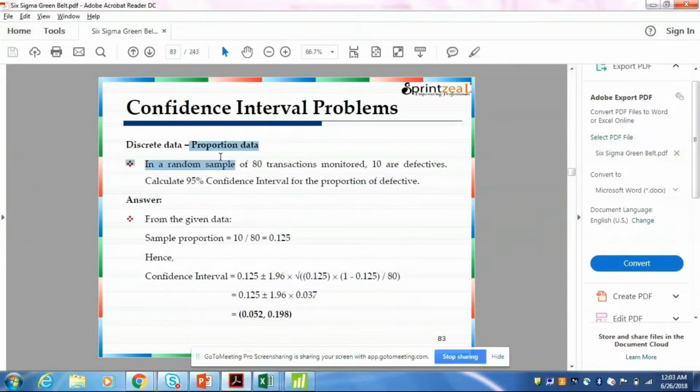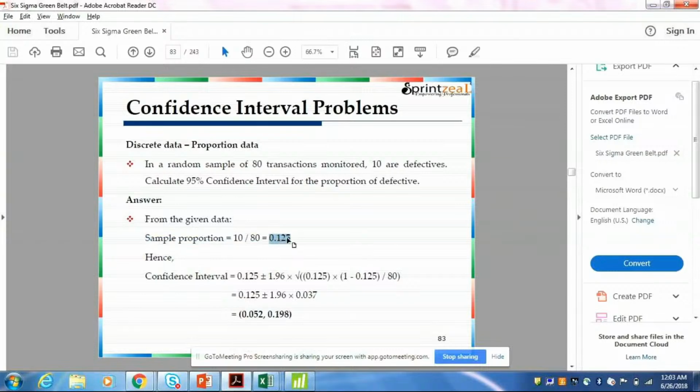Now for discrete data: random sampling of 80 transactions monitored, 10 are defective, calculate the 95% CI. Same thing, you have the values, 10 defects divided by overall transactions monitored, you got 0.125. 0.125 is the proportion defective.